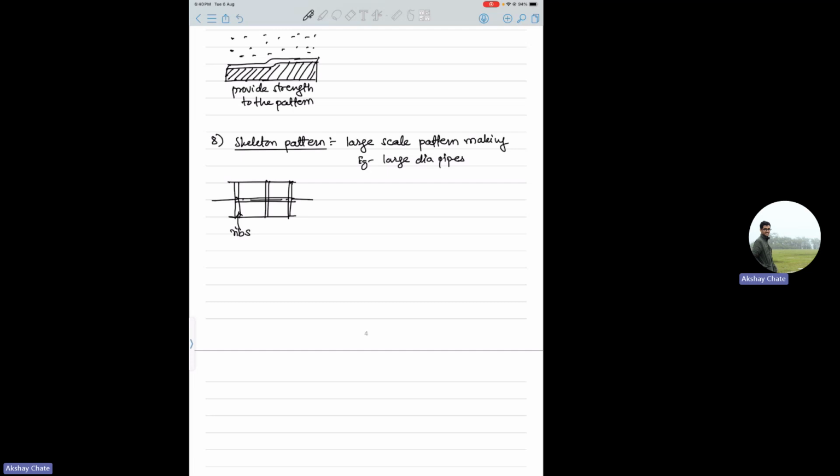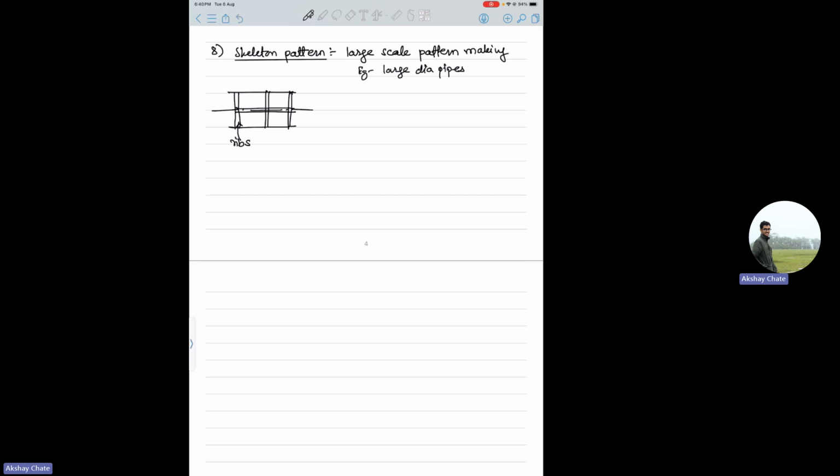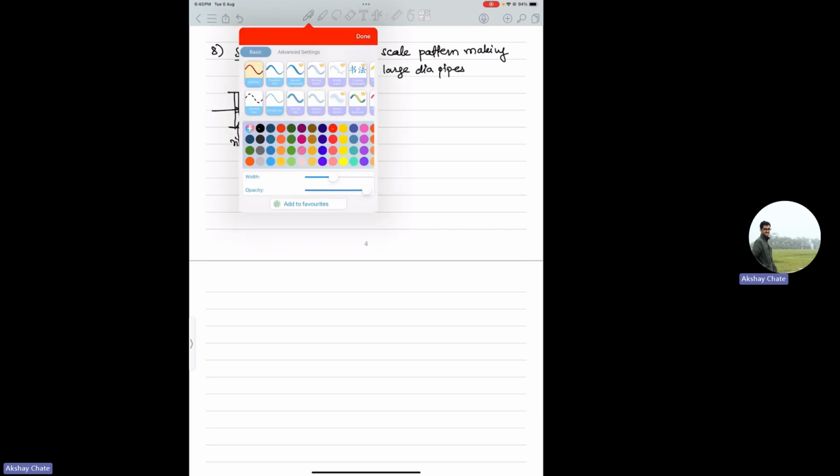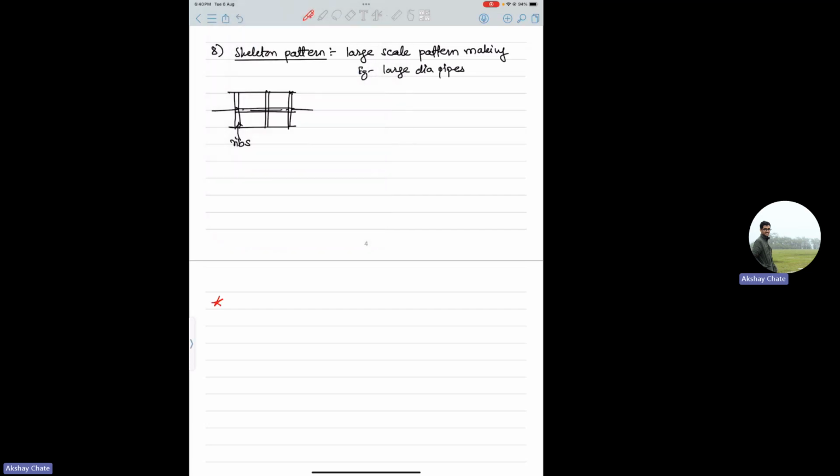Then we studied something called allowances, and that is the interesting topic. Okay, something called pattern allowances. There are like 5 or 6 types of allowances, and we'll see each one.